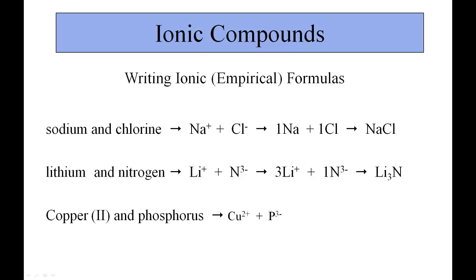I can get copper to become +6 and I can get phosphorus to become -6. But in order to do that, I'm going to have 3 coppers, each being a +2, and I'm going to have 2 phosphoruses, each being a -3. So in order to show that, I need to show that I have 3 coppers and 2 phosphoruses. So I write those numbers as subscripts.